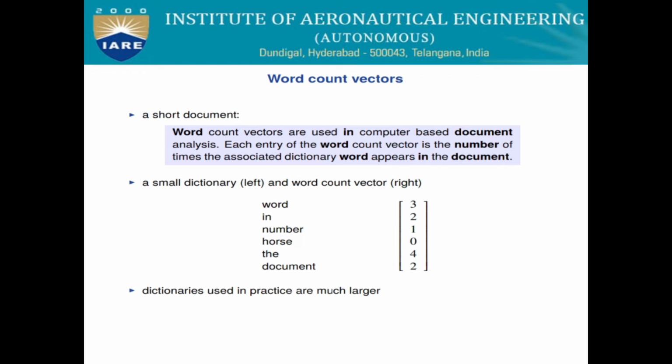In the short document, the word is repeated 3 times, another word 2 times, number 1 time, horse 0 times, the 4 times, document 2 times. Like this we can write it in vector form. Dictionaries used in practice are much larger.